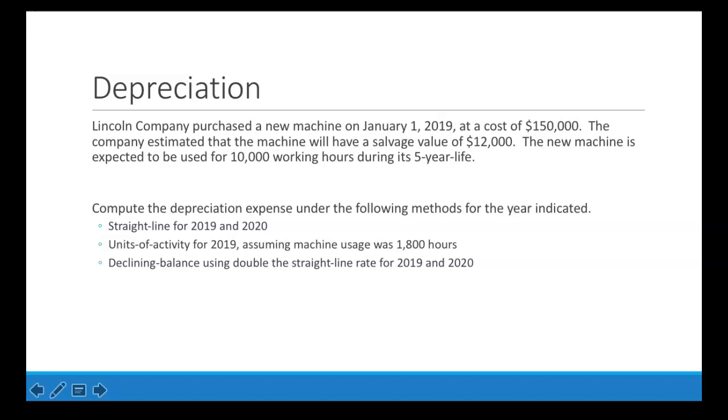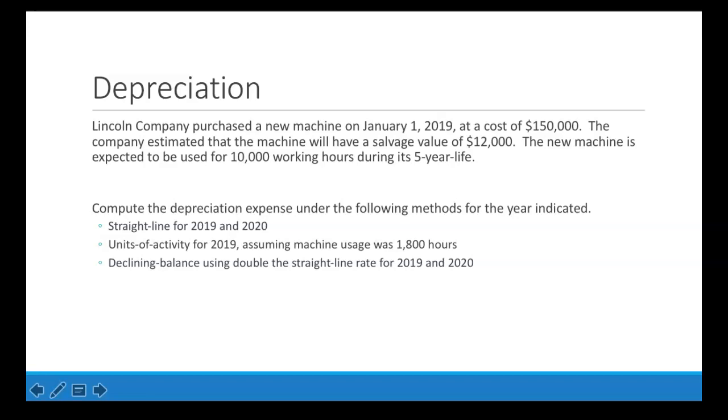At the end of the life of this machine, we expect that we can receive $12,000 for it, whether we sell it for parts or for scrap metal. Whatever we're doing, we think that at the end of its life, we can get $12,000. We use that because we're not going to want to depreciate past its salvage value.